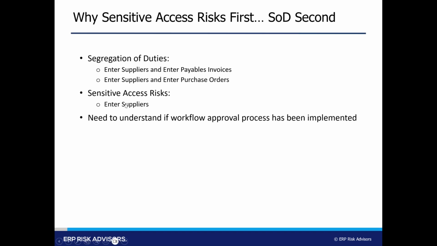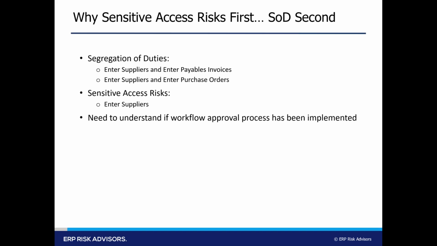That is because in and of itself, something like suppliers is a risk. The unauthorized maintenance of the name, the address, the ACH bank account number, or the contact information would potentially allow somebody to commit fraud, without going into a lot of detail.